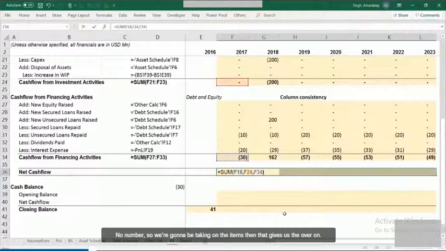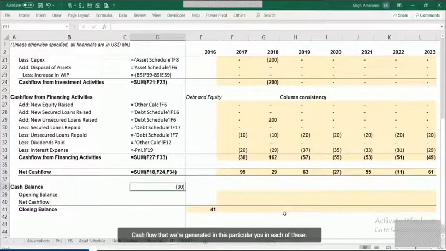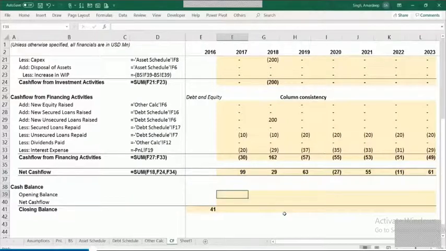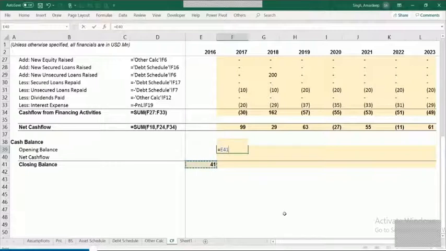So we're going to be taking all of these three items, and then that gives us the overall cash flow that we've generated in each of these particular years. So how we use it is basically the opening balance of cash at any point in time is going to be equal to the closing balance of cash of the previous year.